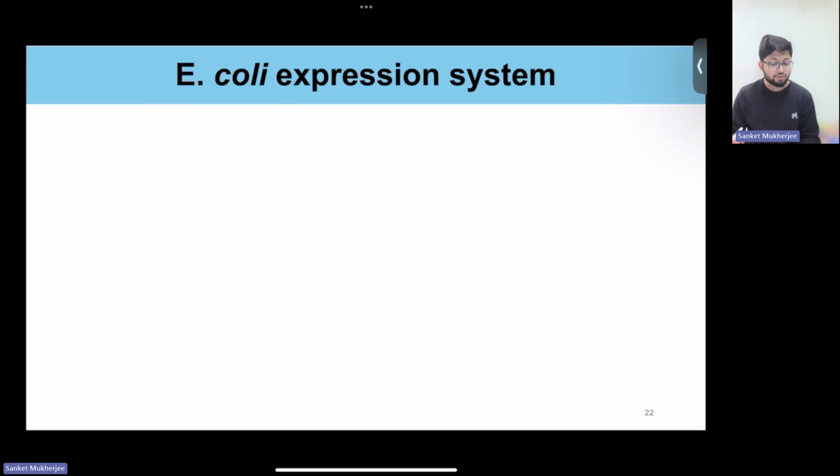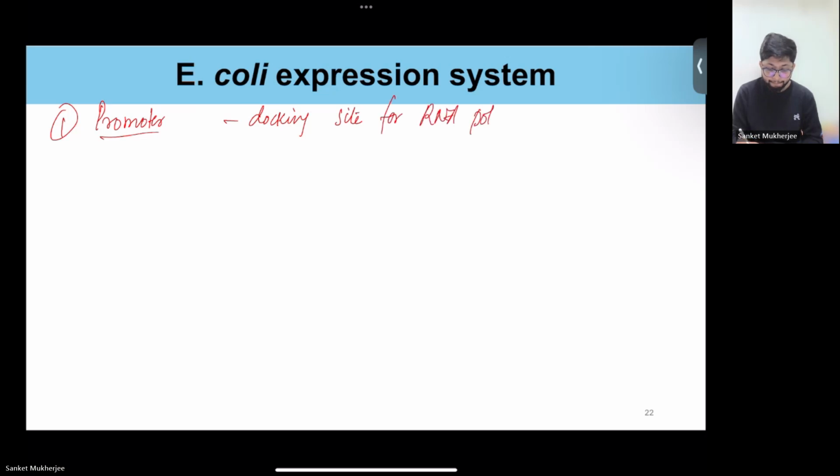Now, in an E. coli expression system, we have a promoter, which is the docking site for RNA polymerase. We have a ribosome binding site.